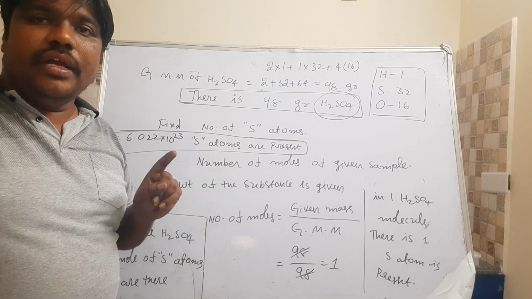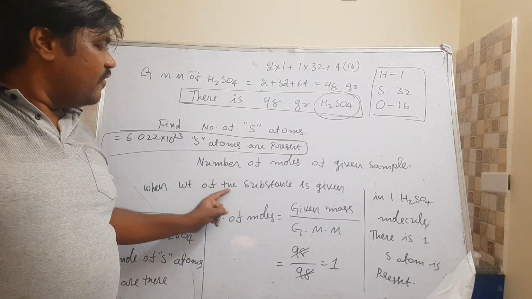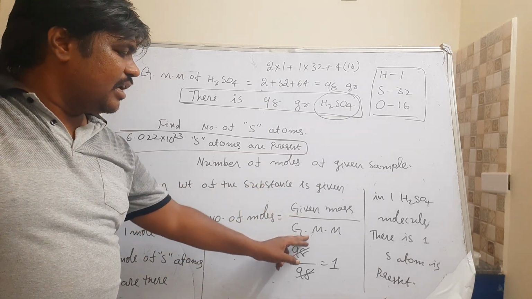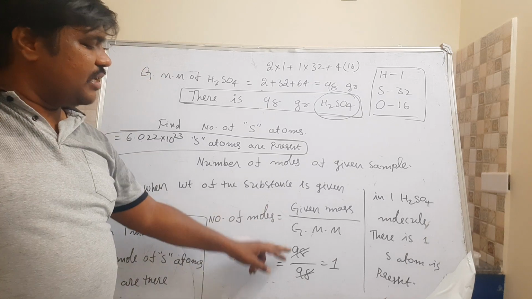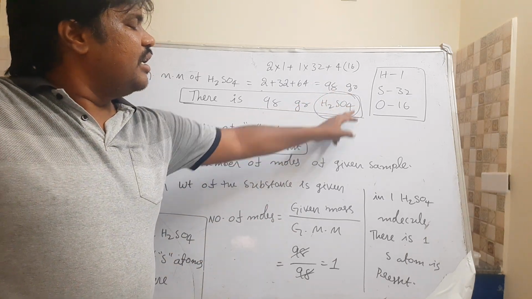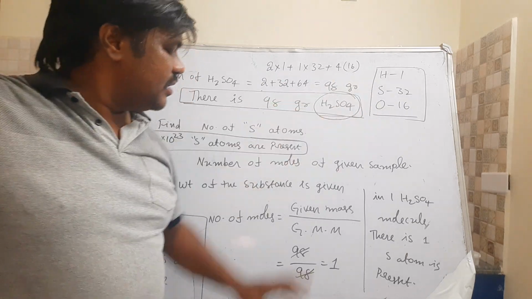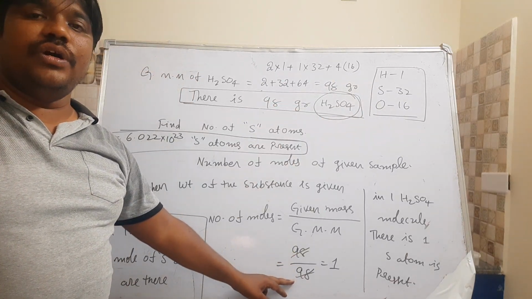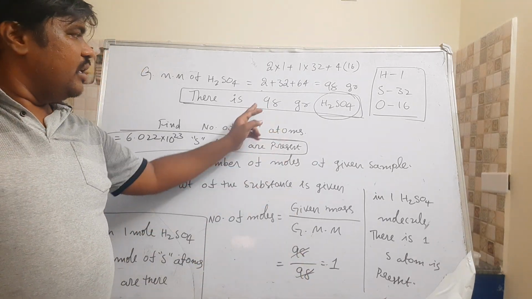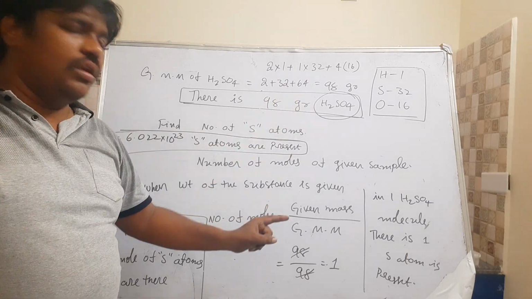I am giving you a small formula: number of moles is equal to given mass by gram molecular mass. Given mass is 98 and we calculated the gram molecular mass of the given substance, so 98 by 98 is 1 mole. 98 grams of H2SO4 is 1 mole.